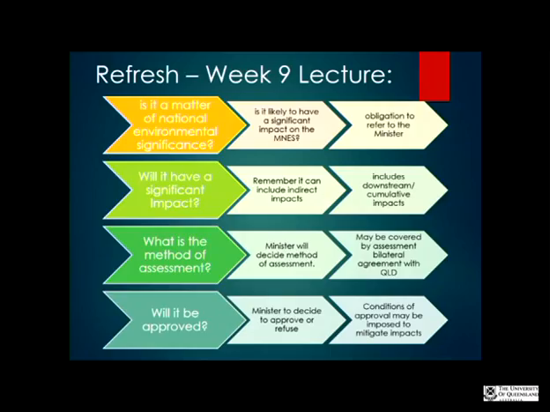Well, the minister makes that final decision whether to approve or refuse, and they can also impose conditions of approval to mitigate the impacts. We'll look at that today when we look at the Paradise Dam case study, in terms of the minister imposing conditions of approval to mitigate the impacts on the lungfish, and we can look at whether or not that was effective in mitigating the impacts.